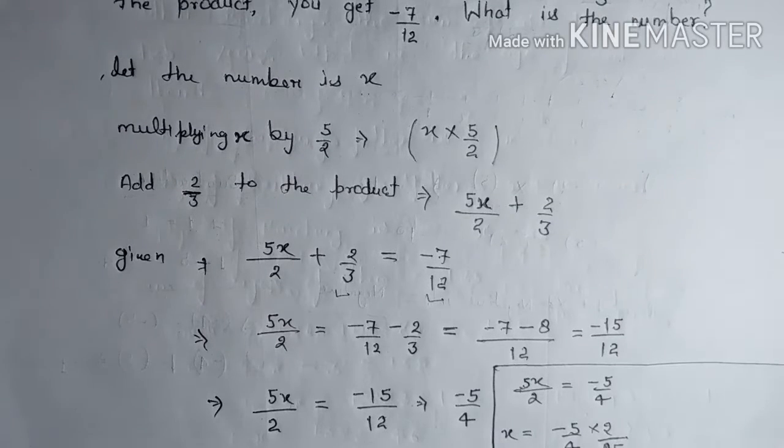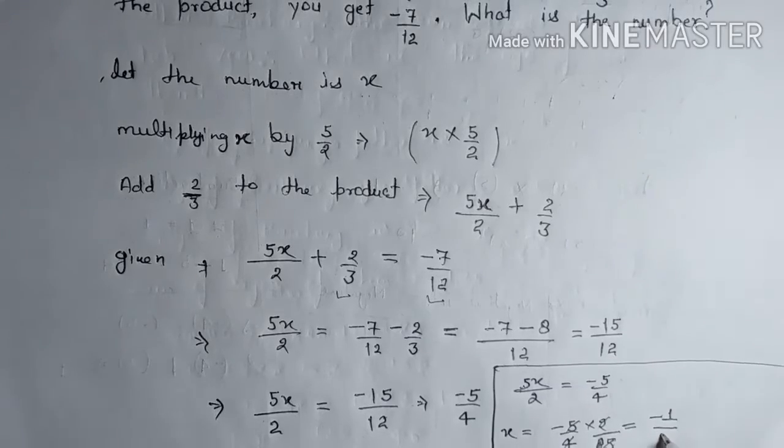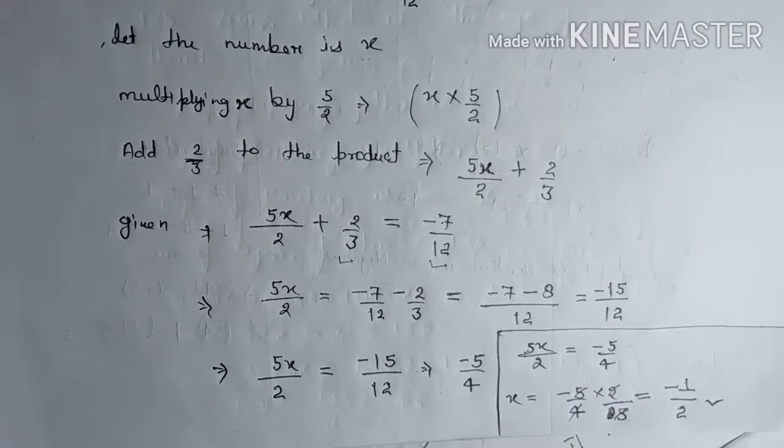You can use another method here, which is first multiply by 2. So you can eliminate 2, but here will be 2. Then divide by 5. That 5 will be eliminated, but you can get 5 here. Now this 5 can cancel this 5, this 2 can cancel 4. So you will get a result minus 1 upon 2. And this is your answer. This is minus 1 upon 2. So that number is minus 1 upon 2.